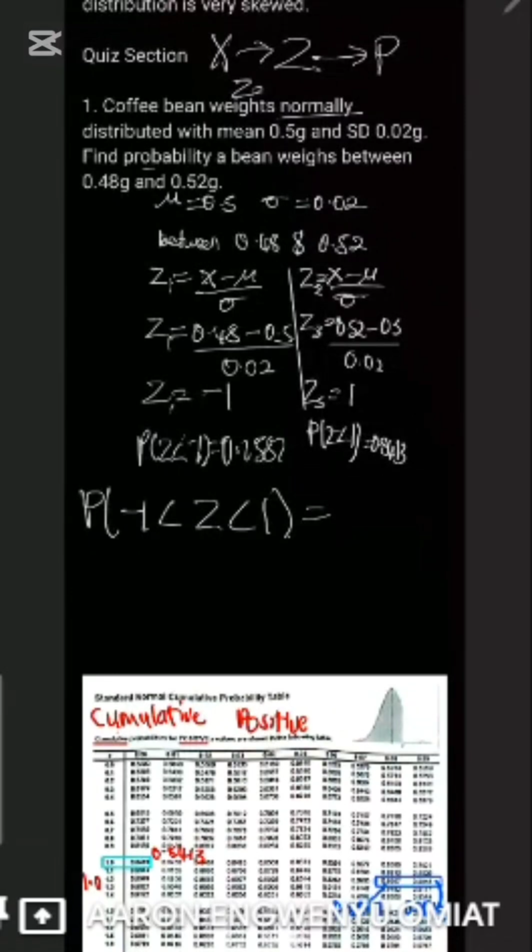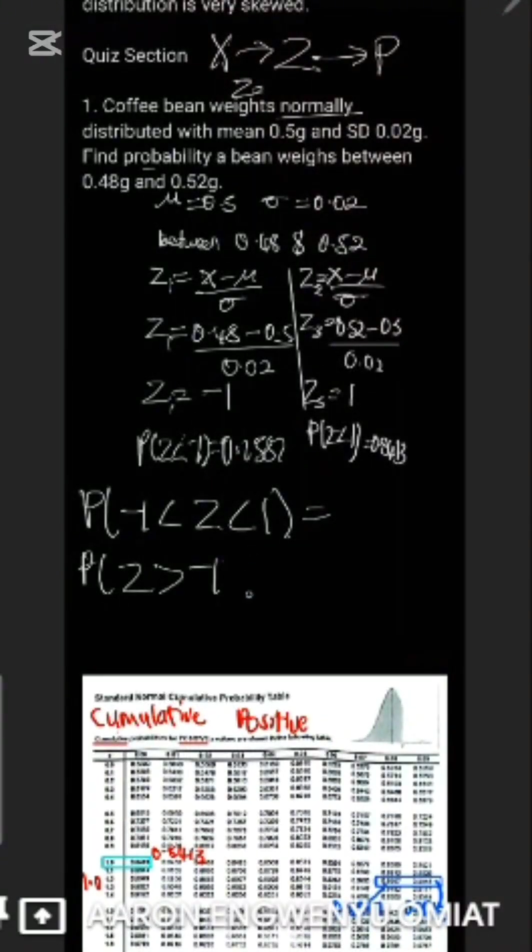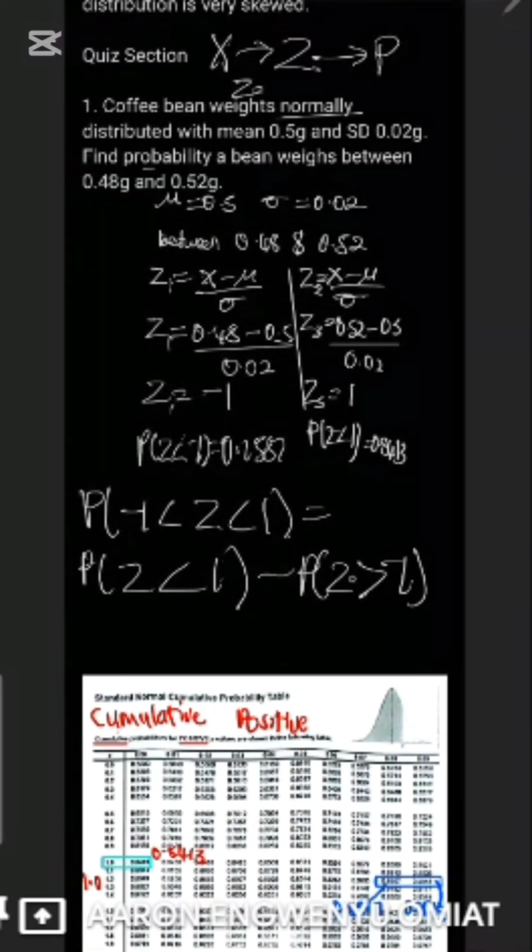All right, to clarify this once again, when they ask you to find the probability of z lying between -1 and +1, this is the same as the probability of z less than 1 minus the probability of z greater than -1. This is what we are finding.